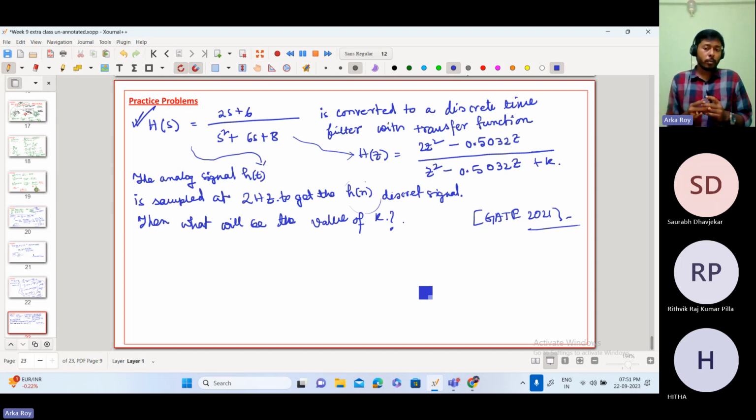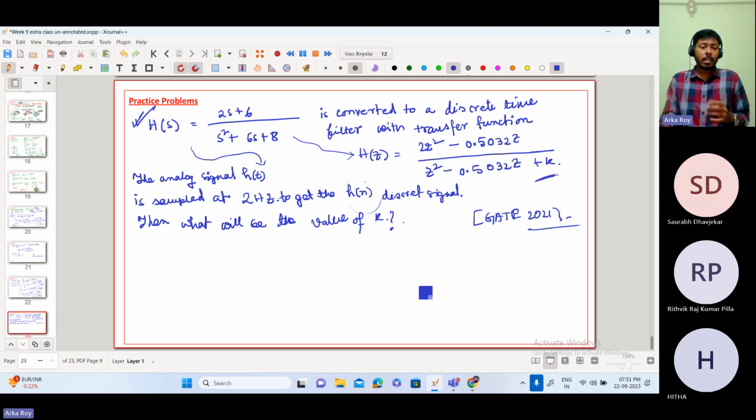those were pretty straightforward. Now here they have played with the technique of impulse invariance method in a bit trickier fashion. So they have asked to find this k.